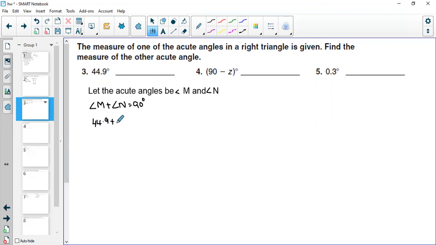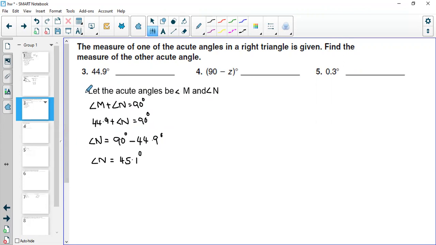I don't know the measure of angle N, so I leave it like that. So angle N is going to be equal to 90 degrees minus 44.9 degrees. So that's going to give you 45.1. So angle N is going to be 45.1 degrees. So this is how you find the other angle.